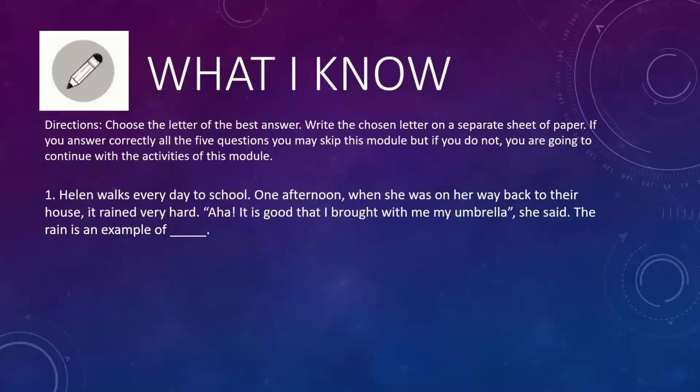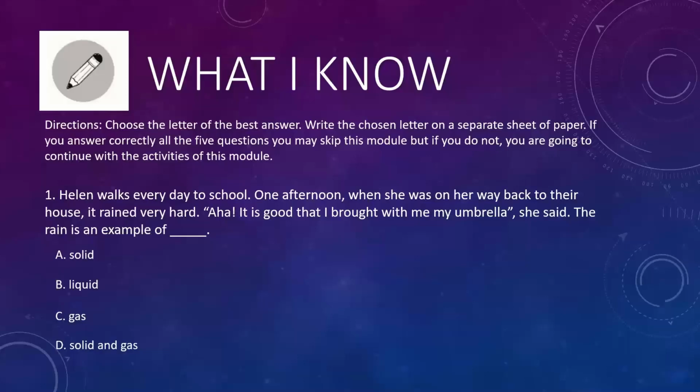Number 1. Helen walks every day to school. One afternoon, when she was on her way back to their house, it rained very hard. Aha! It is good that I brought with me my umbrella, she said. The rain is an example of A. Solid, B. Liquid, C. Gas, D. Solid and gas.